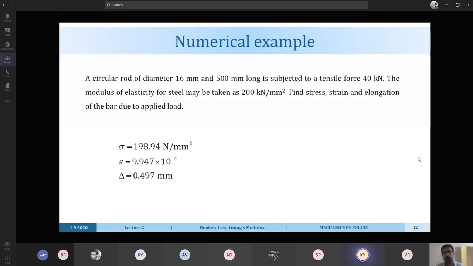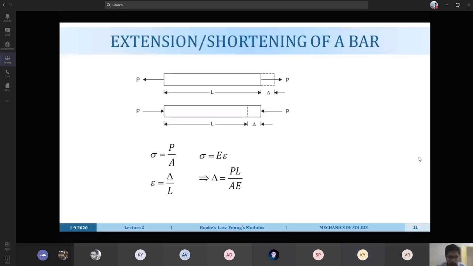So stress is coming 198.94 megapascal, Newton per millimeter square. And strain is 0.995, and delta is coming 0.497. Then you have to use the previous formula, PL by AE. Yes, sir.